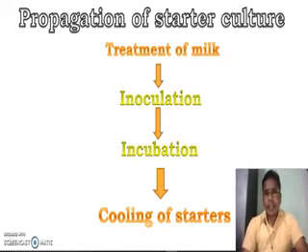Inoculation is the addition of the starter culture to the treated skim milk. Inoculation is preferably done with sterilized equipment. It has to be carried out in a separate room with an ultraviolet lamp designed for this purpose, or by using a laminar flow system.